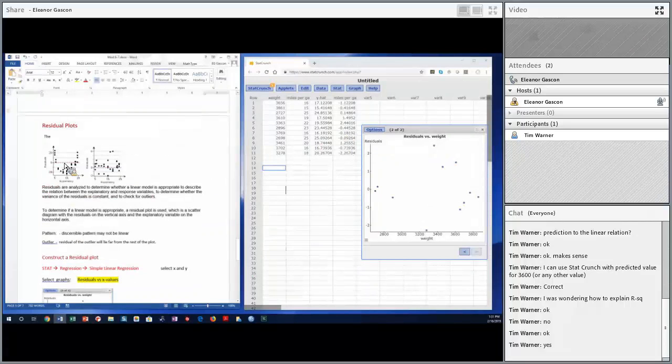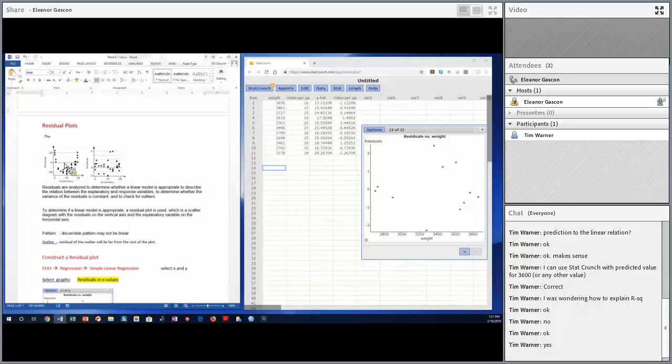Now, the thing to remember about the purpose of residual plots is that they tell you whether there's a discernible pattern that may not be linear. You're actually looking for these dots to be really helter-skelter, because that means the variation in the residuals, plus and minus, from the original equation is equally balanced out.